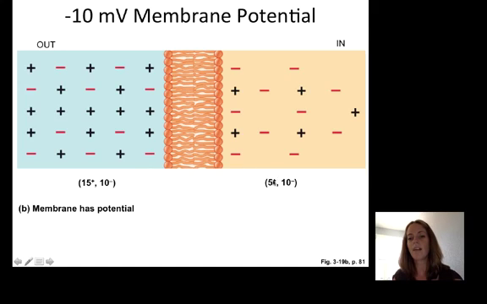So we took 5 and subtracted 15, and we got a difference of negative 10. So this example has a negative inside the cell. And I want you guys to notice that that negative inside the cell is not because of the negative ions. That negative inside the cell is because there are fewer positives inside the cell relative to the outside.